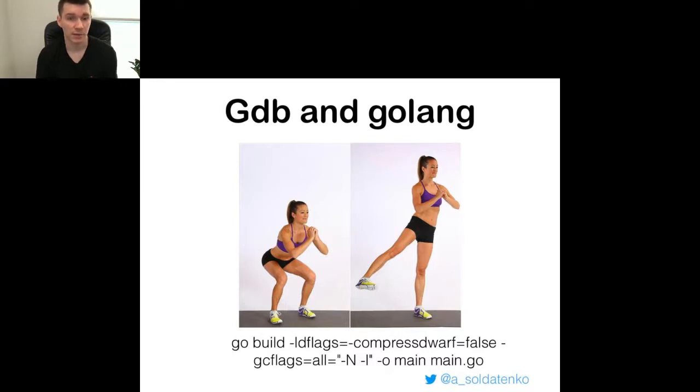Especially, you must set compressed DWARF to false. DWARF is a data format between debuggers and your process. Delve can understand compressed DWARF, which is the default for Go binaries, but GDB does not, so you need to disable it.